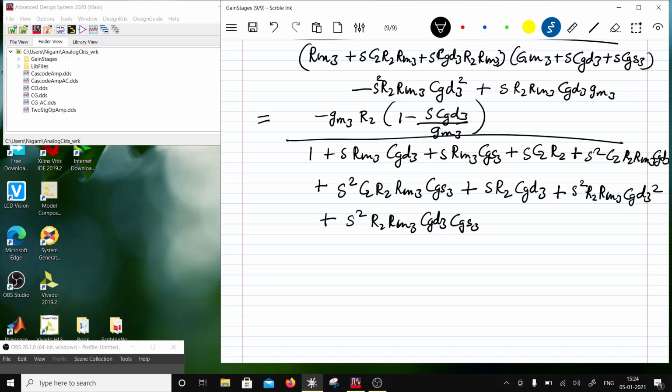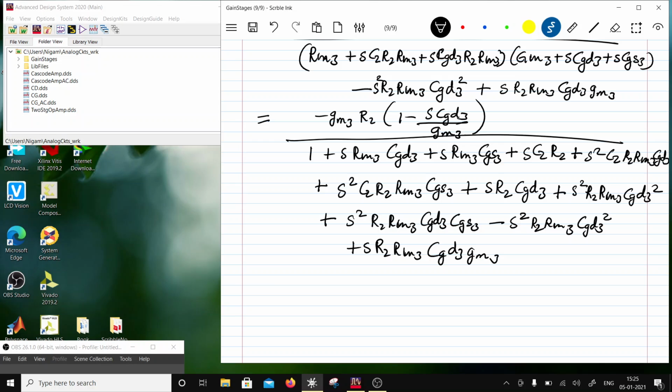right, minus S square R1 and R2 Rn3 CGD3 square plus S R2 Rn3 CGD3 Gm3. Okay, so this is quite involving, but it will simplify.